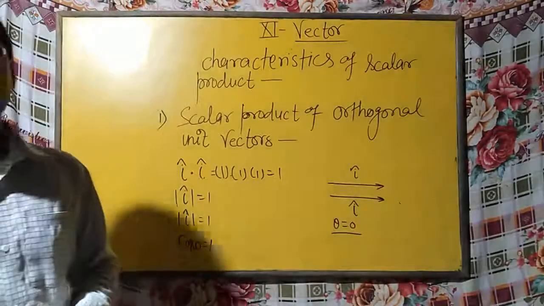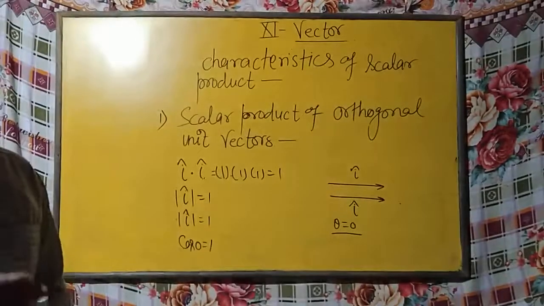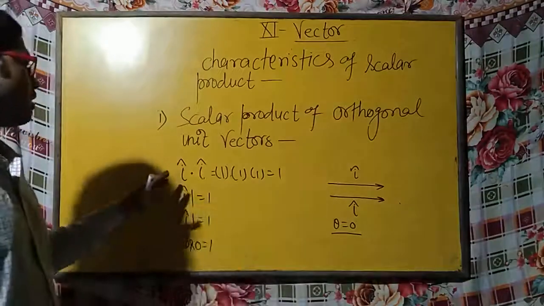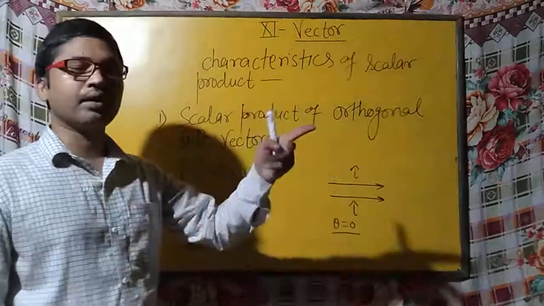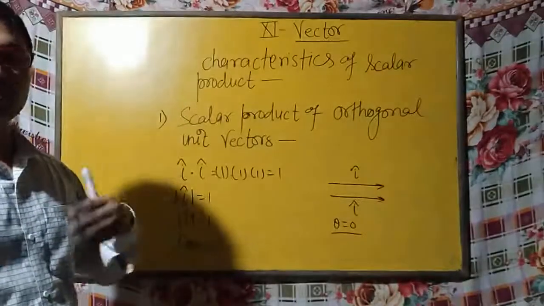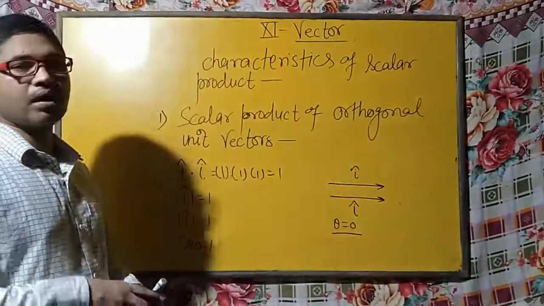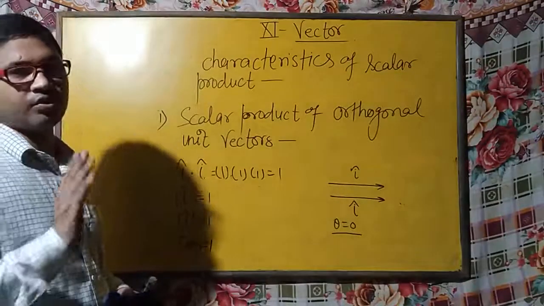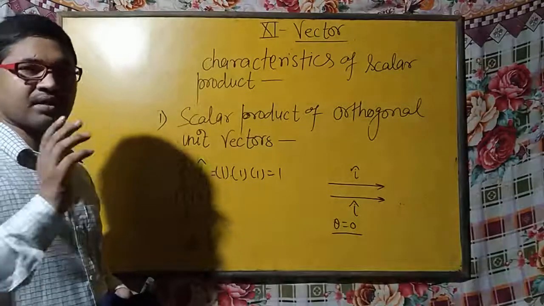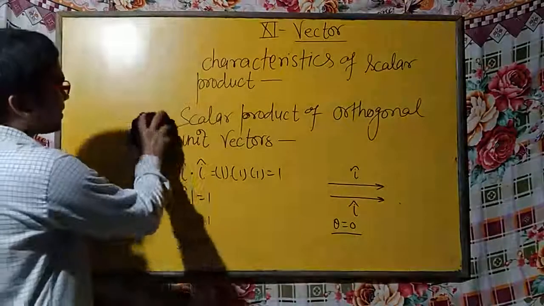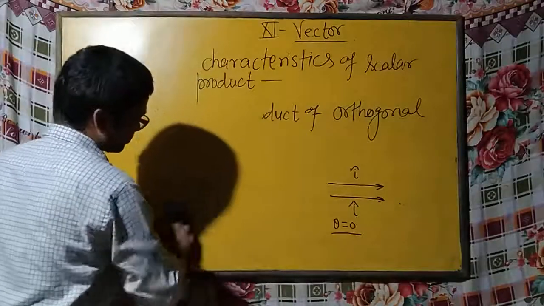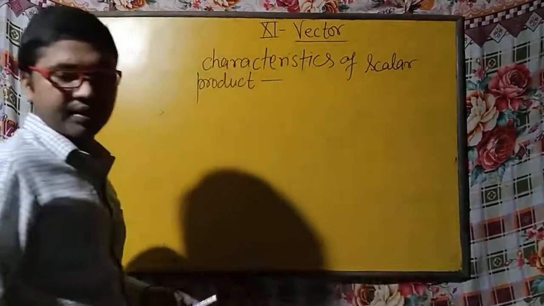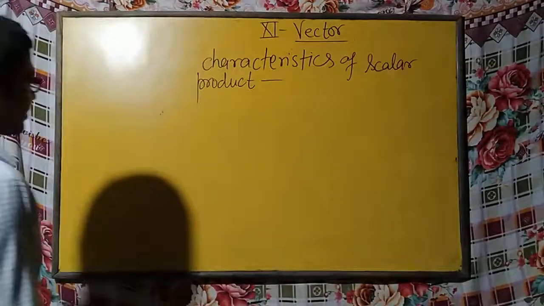It means the dot product of a unit vector with itself is 1, and the dot product of the orthogonal unit vectors with any other, either with j or k, is 0. If you are talking about i, the dot product of i with i is 1, the dot product of i with j is 0, the dot product of i with k is again 0. Okay, so finally we can summarize the result like this.